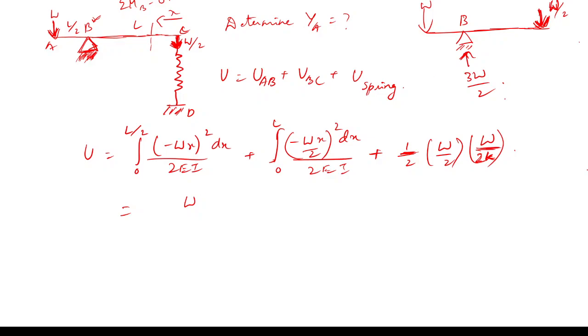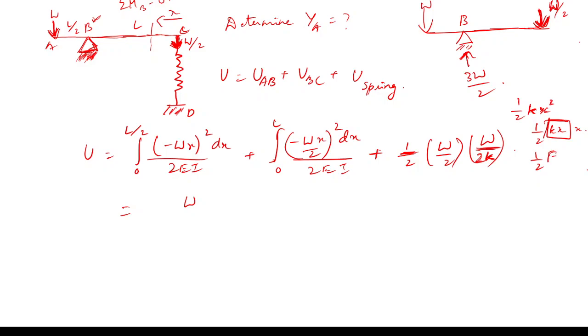See, the spring energy is nothing but half K x square. That is the formula which we have learned, right? So I can split this into half kx into x, correct? X square I have split into x into x. So this kx term is nothing but the force, the spring force, W by 2.